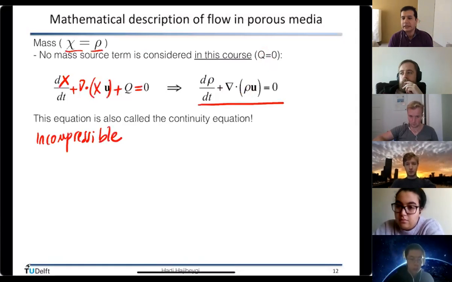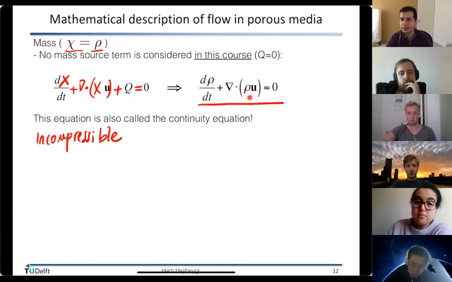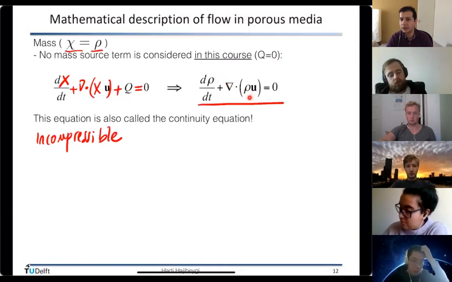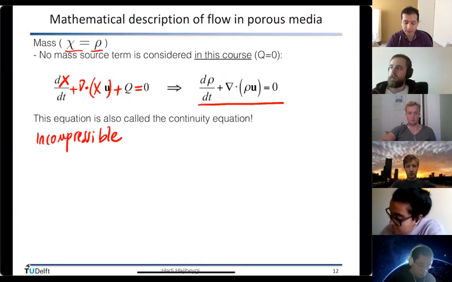Now, if I assume the system is incompressible, what would it mean? What would incompressibility mean? The volume stays the same. Absolutely. Which means in terms, I have density and I have velocity. Which term stays constant if the system is incompressible? Density. Fantastic.